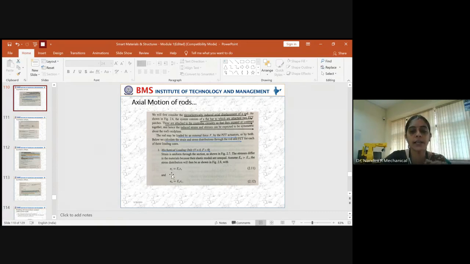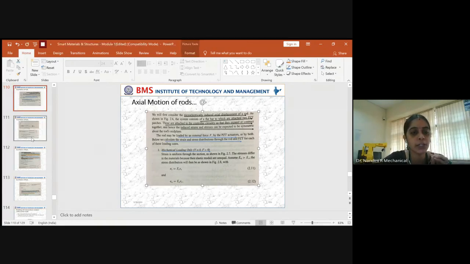So the stress across the substrate will be equal to the elastic modulus of the substrate times the strain across the substrate. This is a very common general equation that you will be using very frequently.